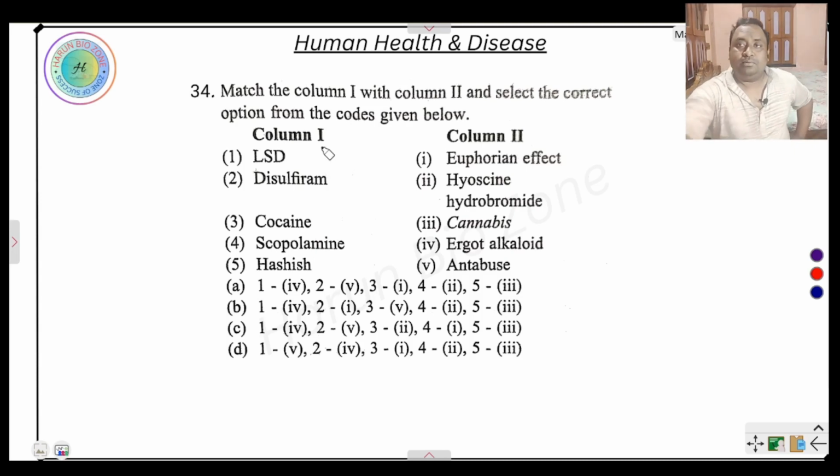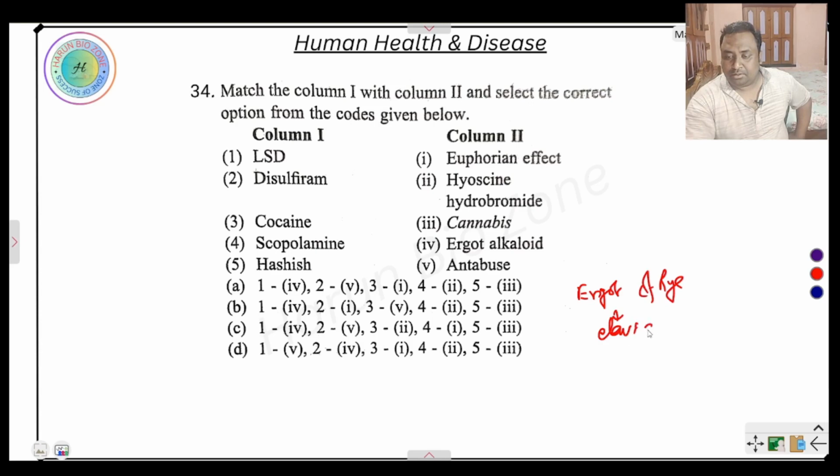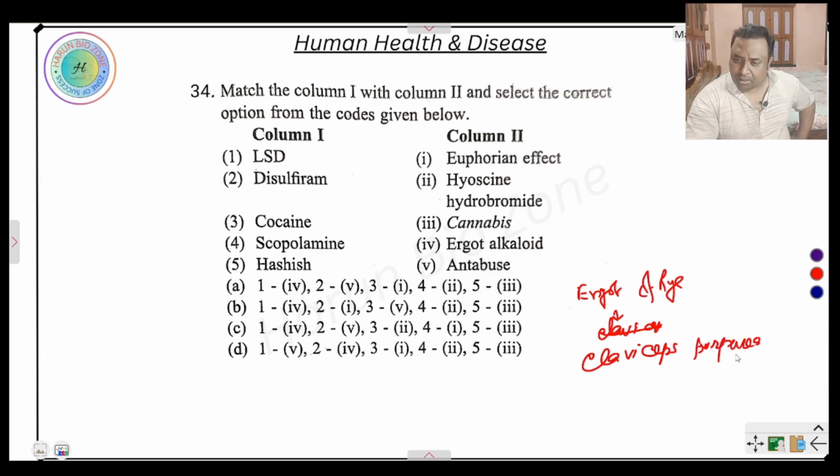Claviceps purpurea causes the ergot of rye. So here LSD is 4.